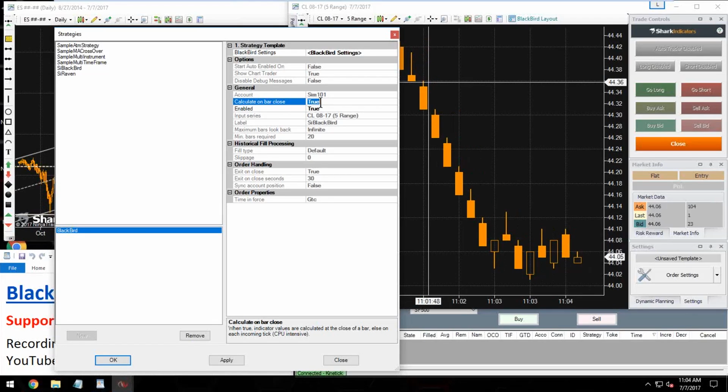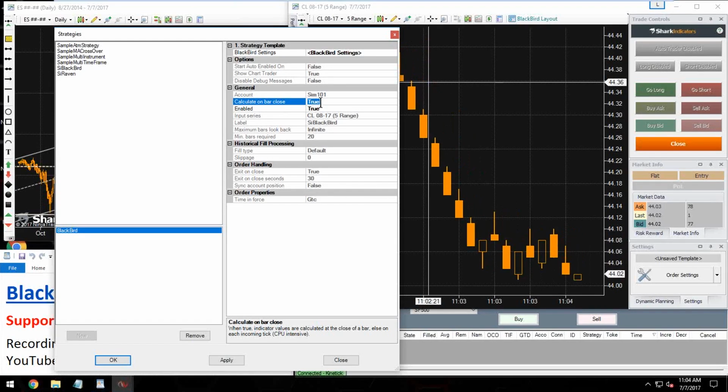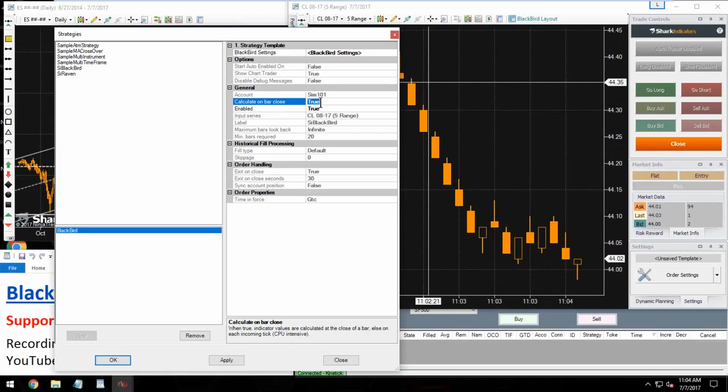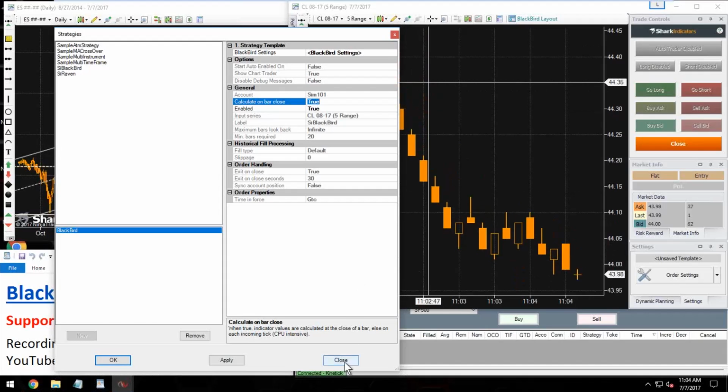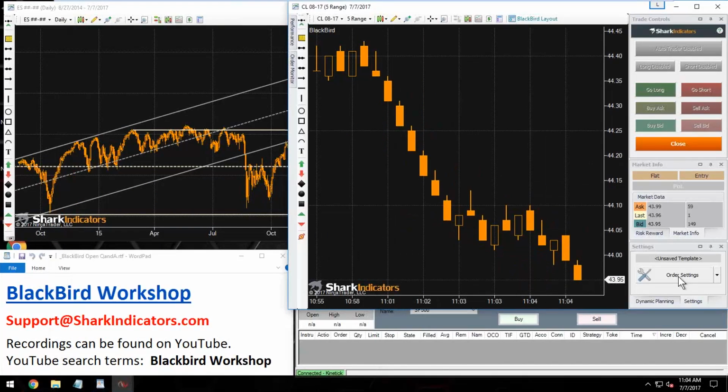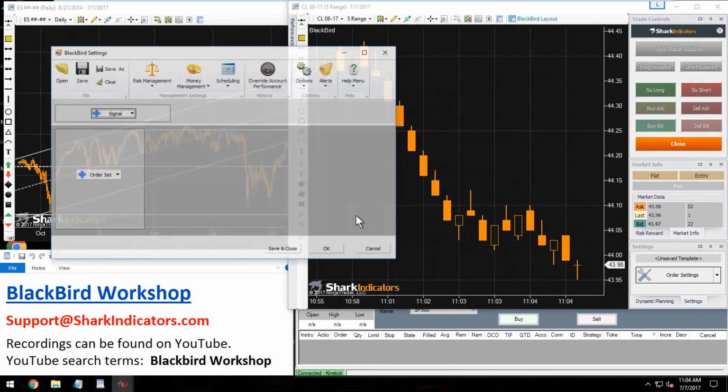All right, so there's no exceptions to that, but there are some stop loss management rules that do not use indicators. And so regardless of what calculate on bar close is set to, true or false, it won't affect your stop loss rules if you're not using an indicator.